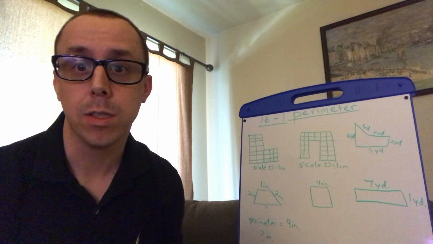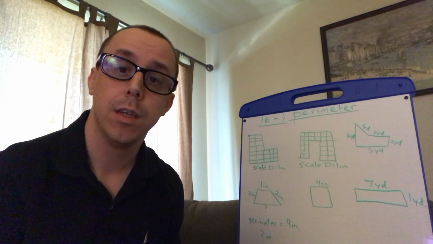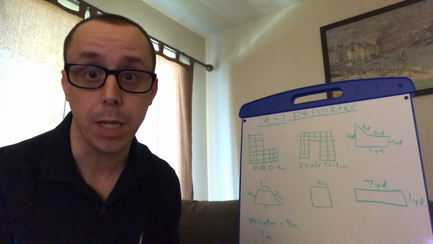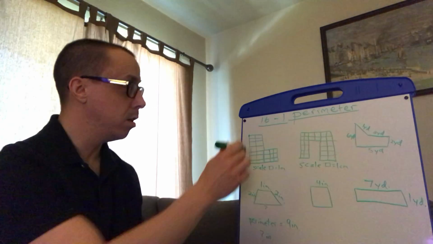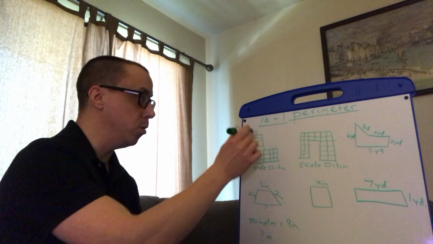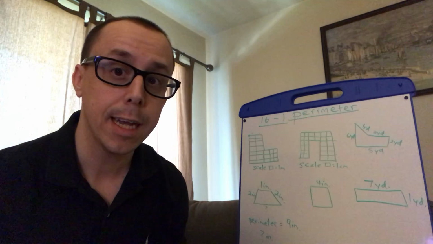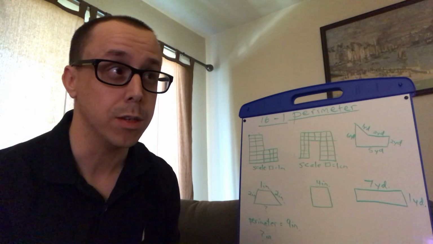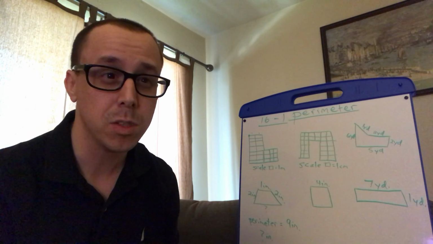Okay, and now I'm simply going to count around the length of each square along the outside of the shape. So please watch closely. 1, 2. Now you have to be very careful around corners, because when you go around corners, those are the areas where you can really make silly mistakes.